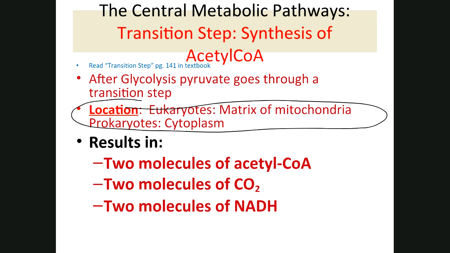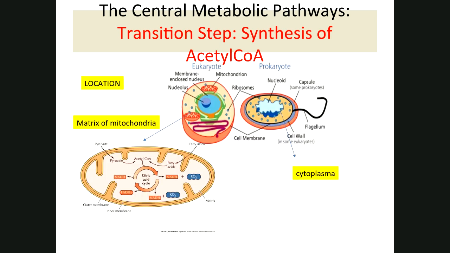What this step is going to do is it's going to take pyruvic acid and oxidize it, decarboxylate it, and destabilize it, make it into a high energy molecule to enter the Krebs cycle.